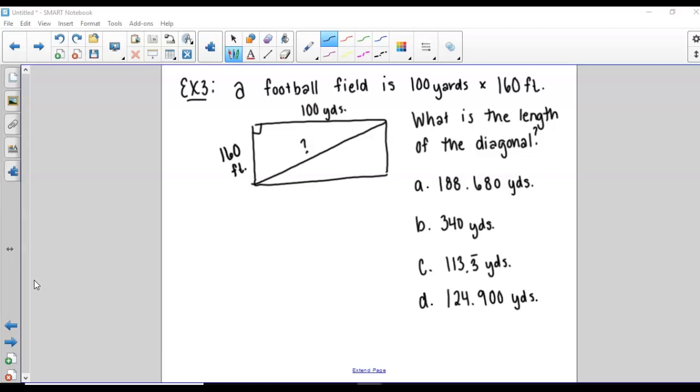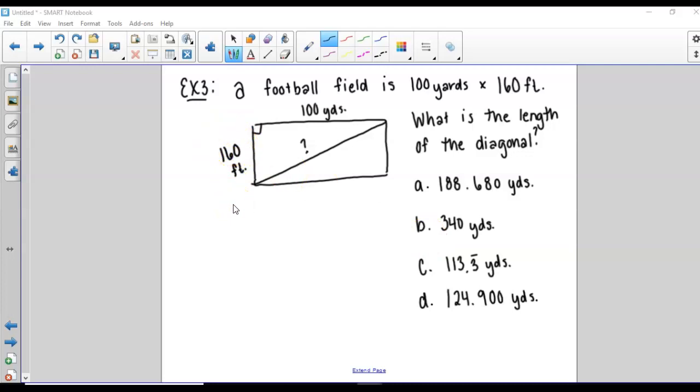So I gave you this one to make you see how very critically important it is to pay very close attention to your units. Tristan had a very good point. He said that C and D could not be the answers because they're not longer than 160, which would be true if you completely ignored the units. But 113 yards is longer than 160 feet. And 124.9 yards is longer than 160 feet.